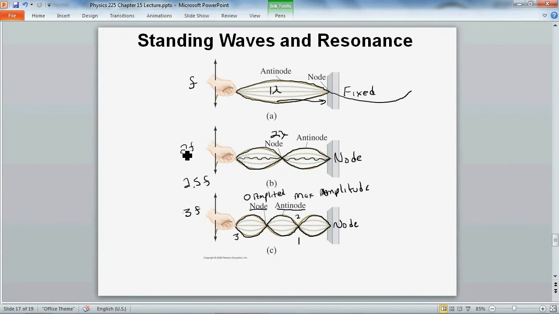So only when you have some base frequency, 2 times the frequency, or 3 times, or 4 times, or 5, you can keep going on down, and it's just going to add nodes and antinodes inside this length of the string.